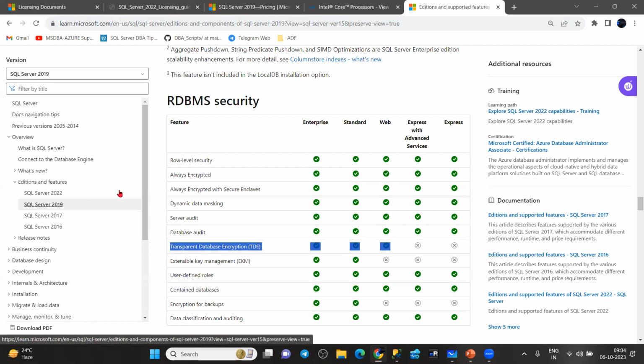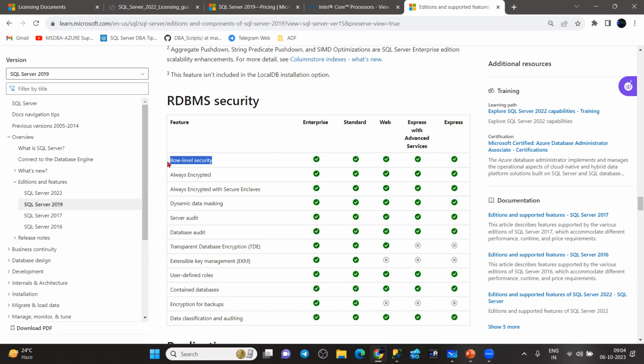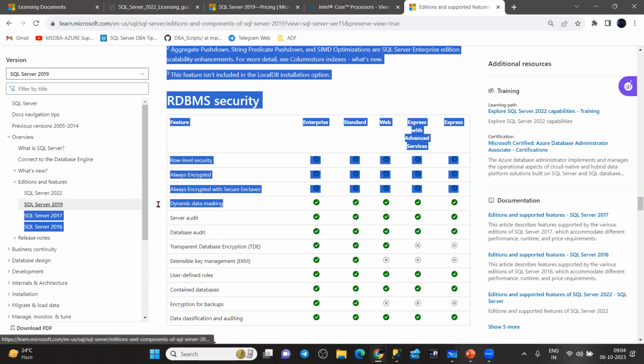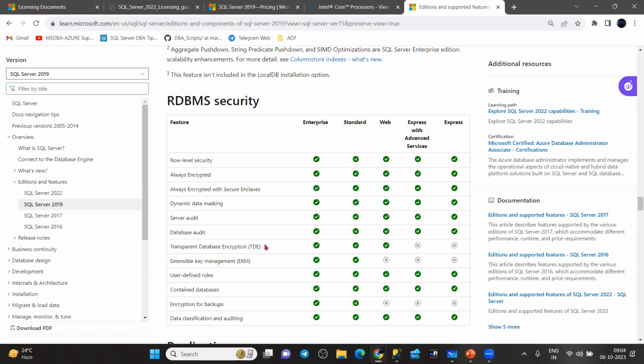So especially when you go for security, we are discussing row level security, Always Encrypted, dynamic data masking, TDE, and EKM algorithm. Again, a little bit complex concepts, but very, very important concepts. These are how you are securing your data.